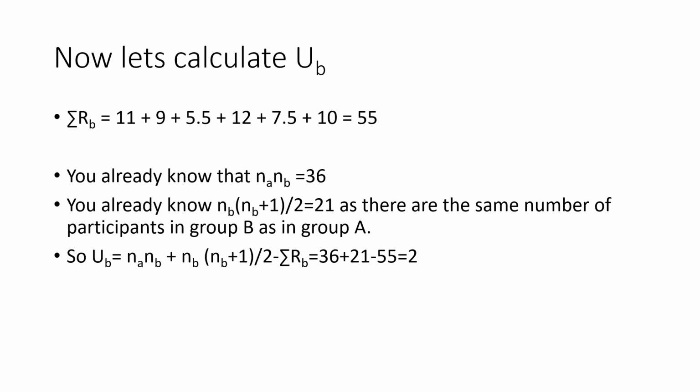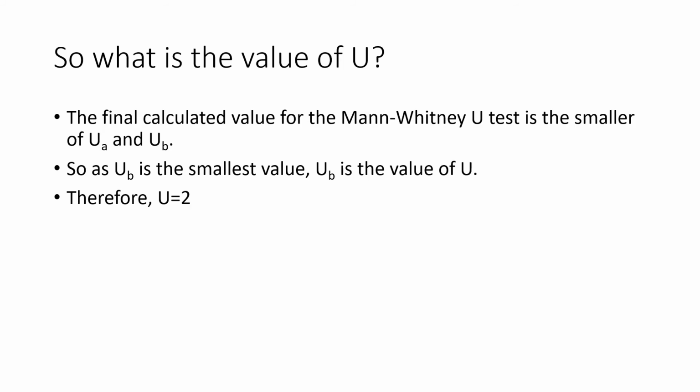You also already know that NB times NB plus 1 divided by 2 equals 21, as they are the same number of participants in Group B as in Group A. So UB equals NA times NB plus NB times NB plus 1 divided by 2 minus sigma RB, which is 36 plus 21 minus 55 equals 2.